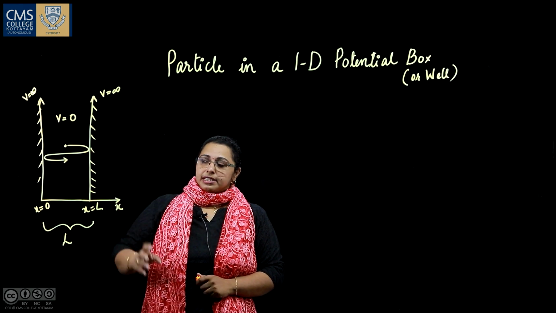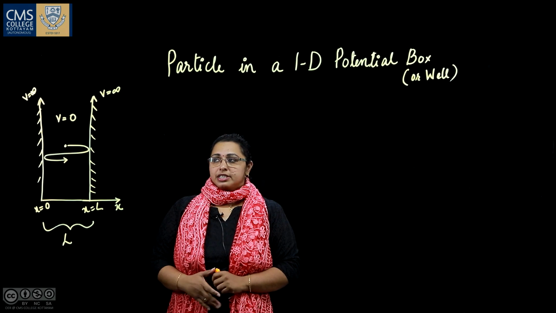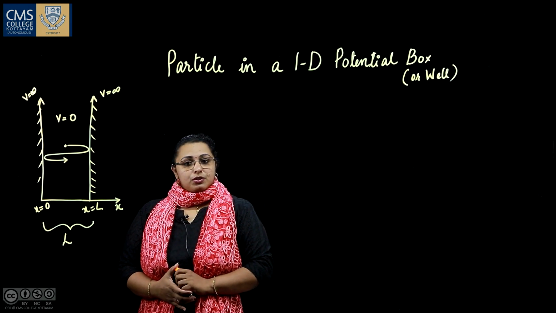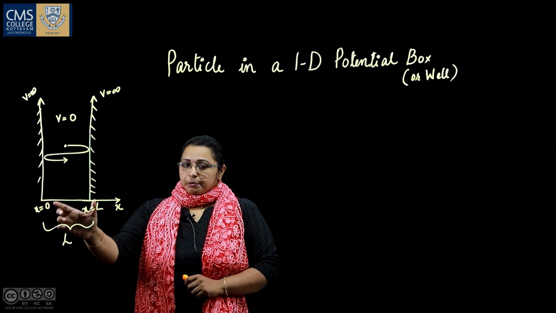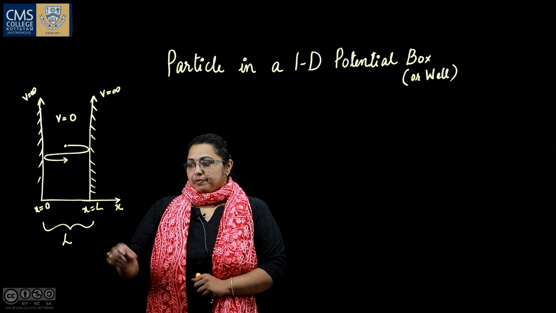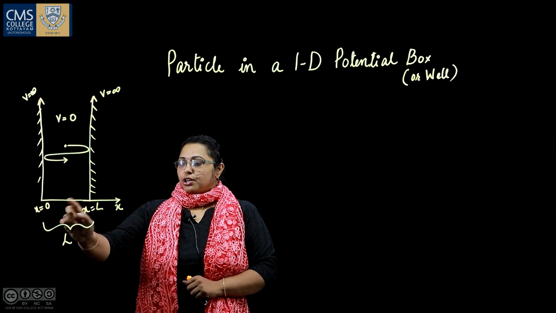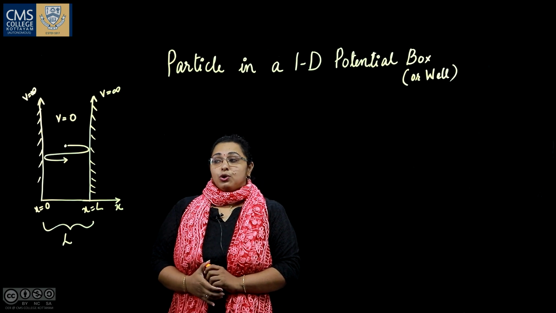Inside the well we consider the potential as constant. Here we take it as V is equal to 0. The length of the potential box is L. Here we start with x is equal to 0 and we end at x is equal to L.